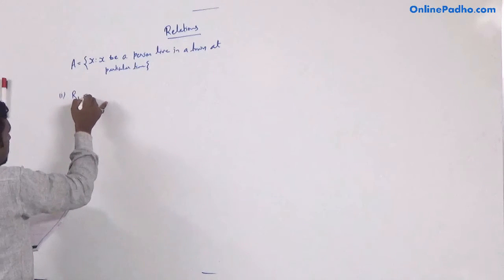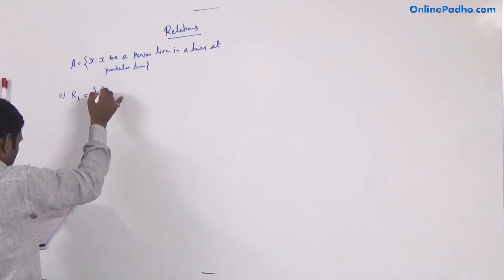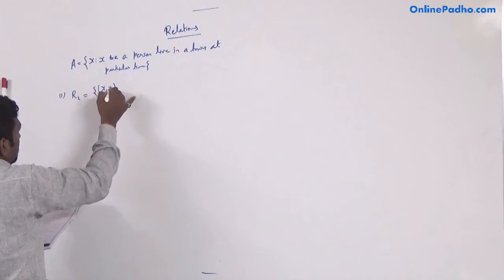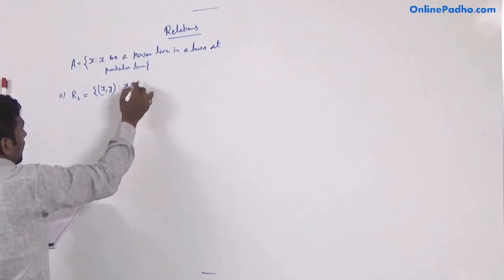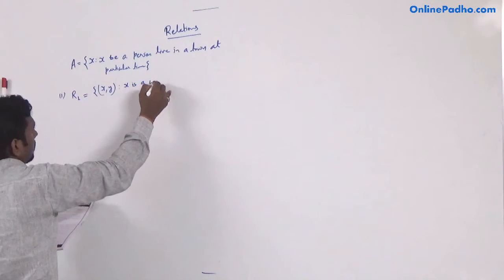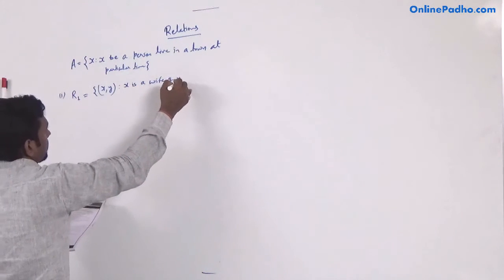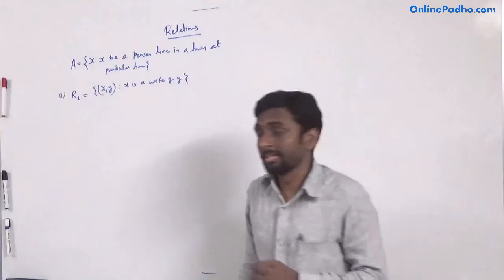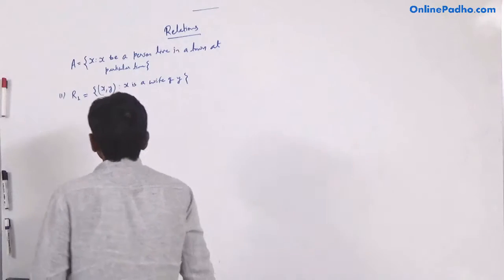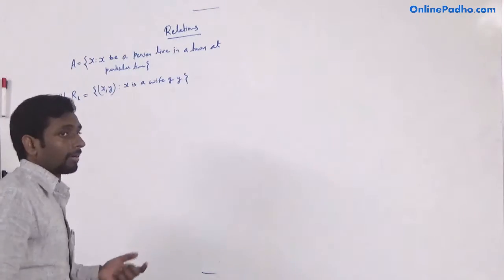First one, R1, the first relation: (X, Y) such that X is a wife of Y. This is the relation, and we have to check whether it is reflexive, symmetric, or transitive or not.